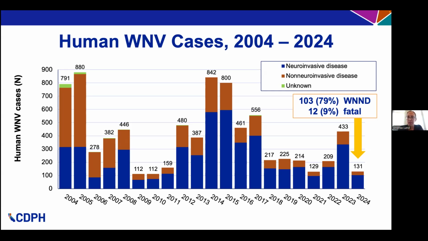And so we know and expect that those febrile cases, those more mild cases, are very underreported. We expect 30 to 70 fever cases for every neuroinvasive case. Therefore, the 28 cases that were reported are probably a vast underestimate, and there's probably 3,000 to 7,000 cases in 2024 that we didn't see or that weren't reported. Next slide.